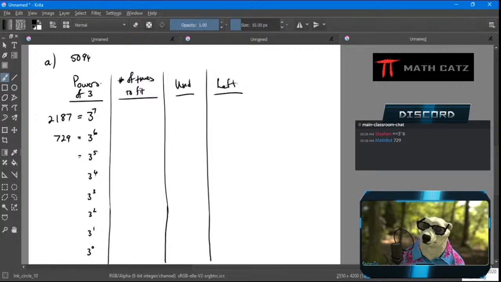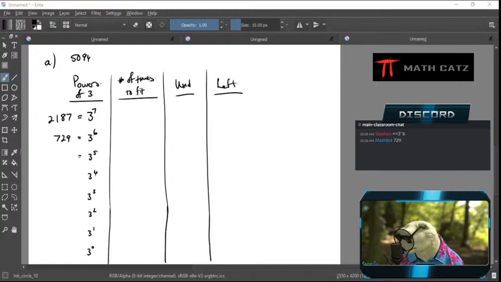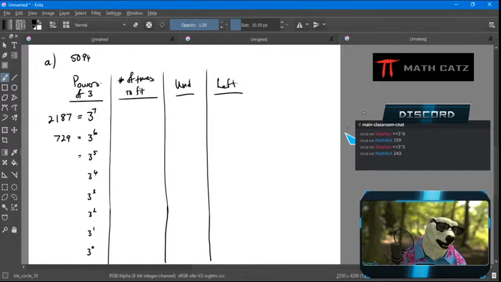Maybe I don't know. Let's find out and be sure. 3 to the power of 5 is 243. Now, sometimes, the more you do these, you start to remember the small ones.